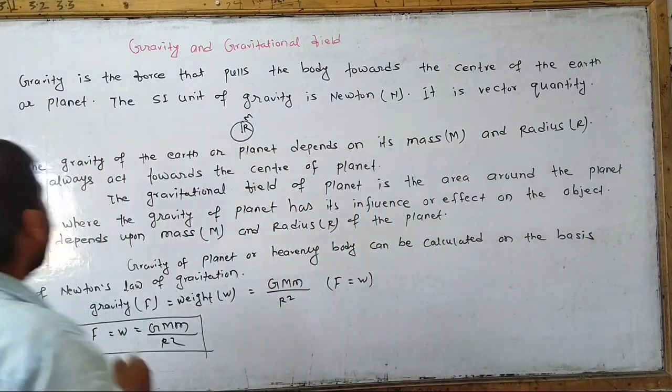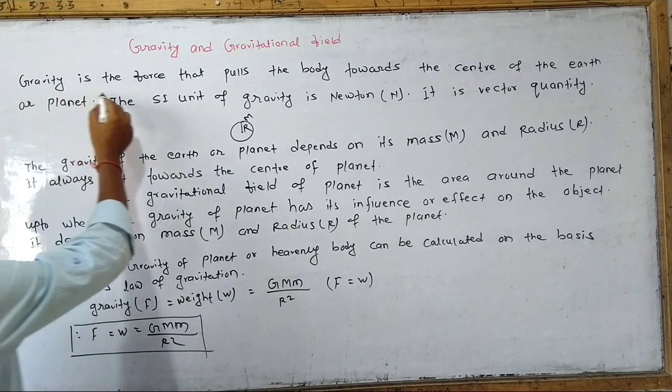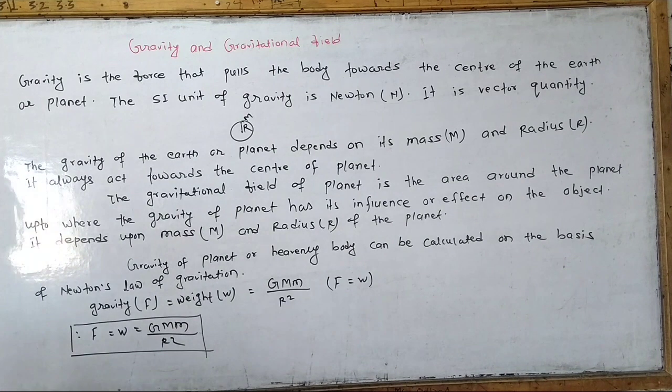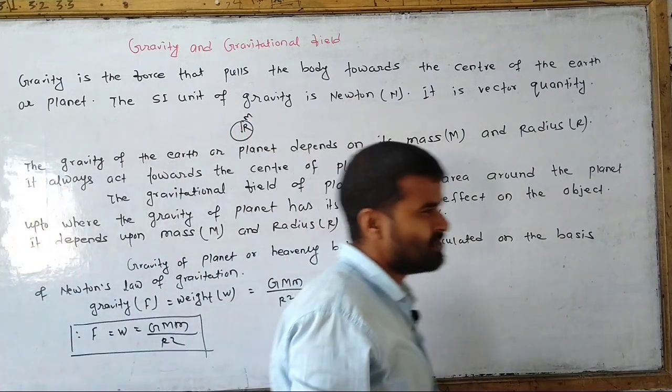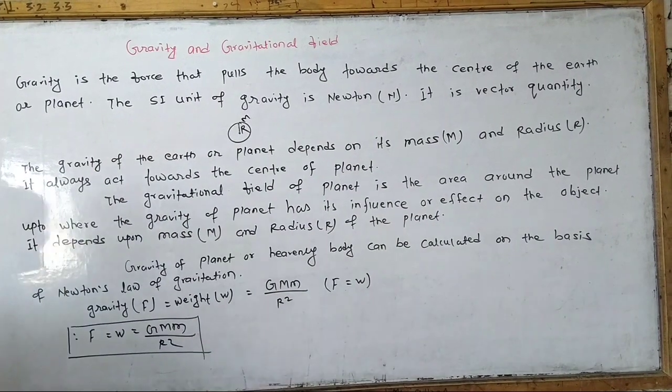So Earth attracts every body toward the center. So you can say that gravity is the force that pulls a body toward the center of the Earth or planet. The SI unit of gravity is Newton. Gravity is a vector quantity because it has both magnitude as well as direction.